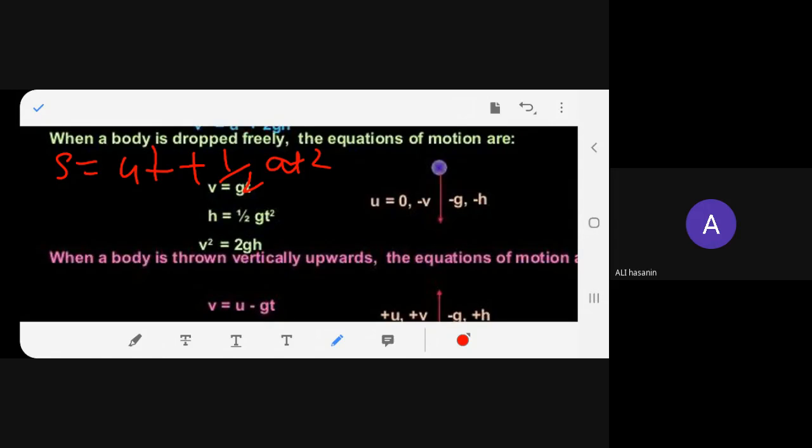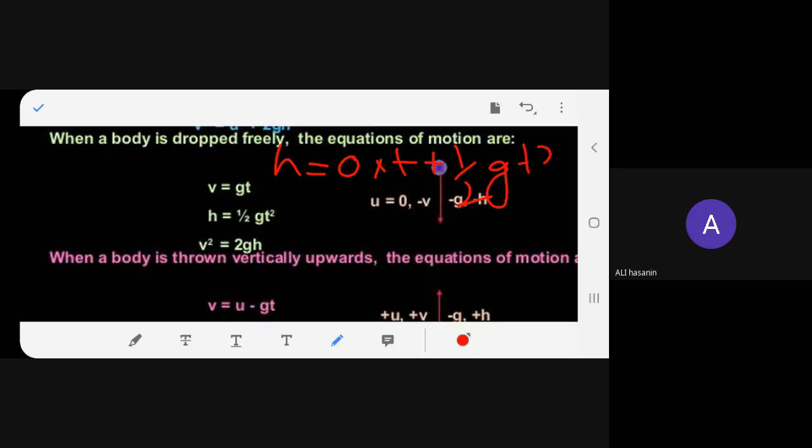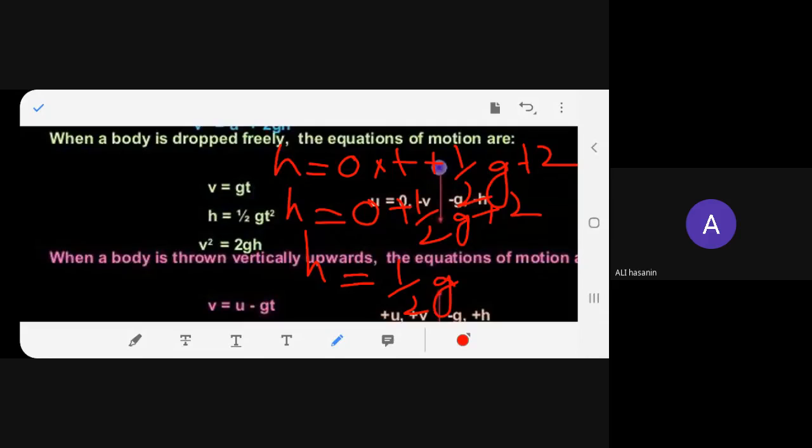So what we have done over here right now, S is equal to 0 into T plus, sorry, it is not S, it is H. H is equal to 0 into T plus half GT square, right? So H becomes 0 plus half GT square. So H becomes half GT square. Understood? This is how you got the second equation.